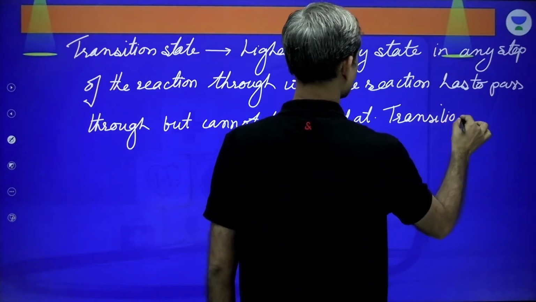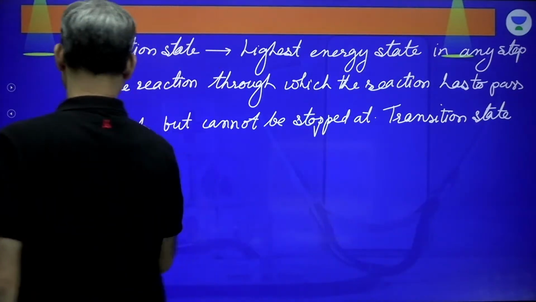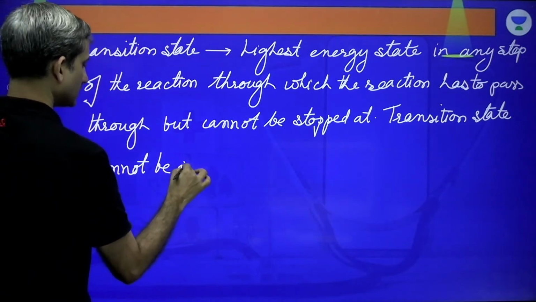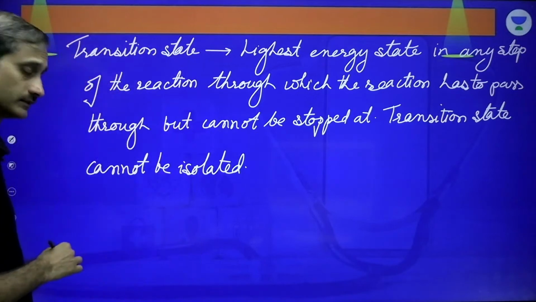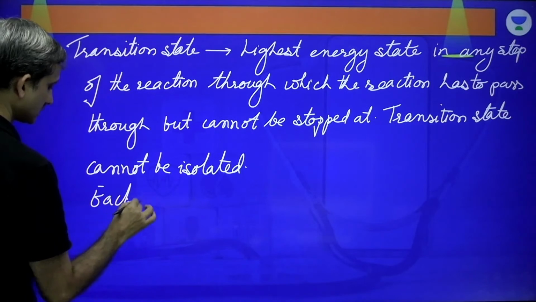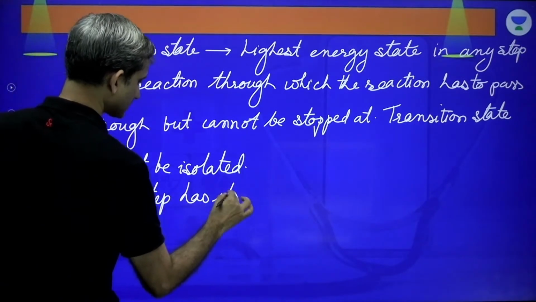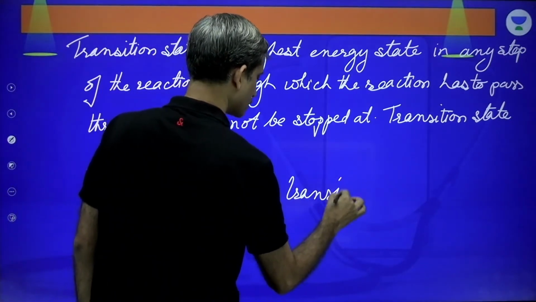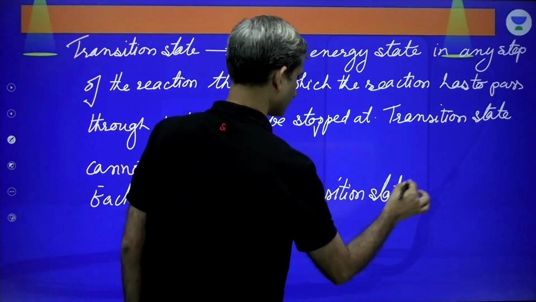Transition state cannot be isolated. Okay. Each step has its own transition state. Clear?